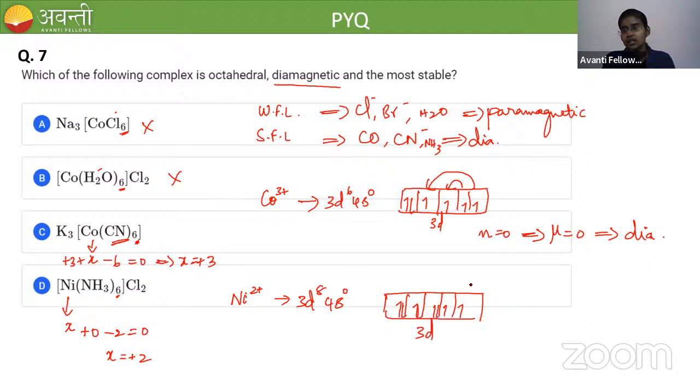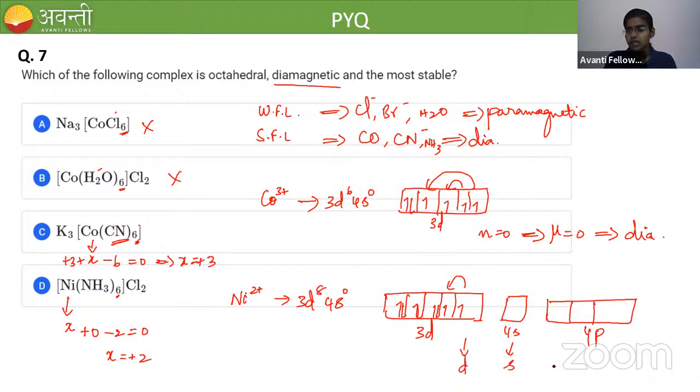Now, if these 2 electrons get paired, then we are left with one empty d orbital. The next empty orbital will be s, and the remaining orbitals are the 3 p orbitals, and then one empty from 4d.